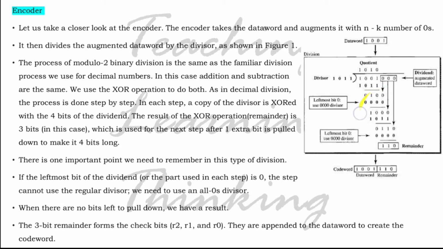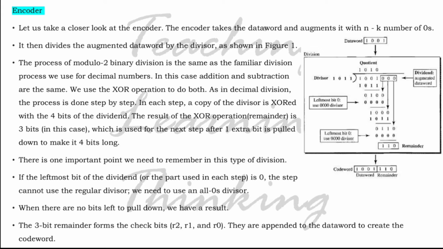Here if you see, the left side part of the dividend is 0. So we need to use the divisor as all 0.